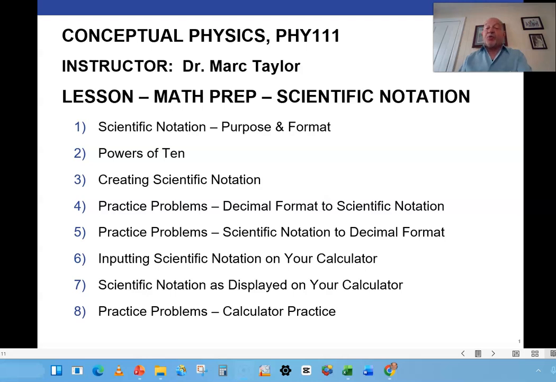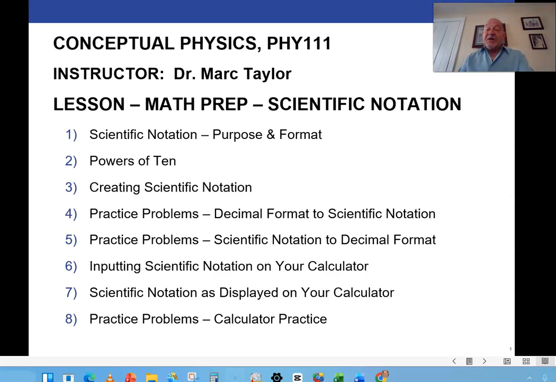After we cover how to create numbers in scientific notation, we'll practice converting numbers, first from decimal to scientific notation, and then from scientific notation back to decimal format. One of the many key functions of a calculator that makes it a scientific calculator is the ability to use scientific notation format, which leads us to one of the most important parts of this video, how you can input numbers in scientific notation on your own calculator.